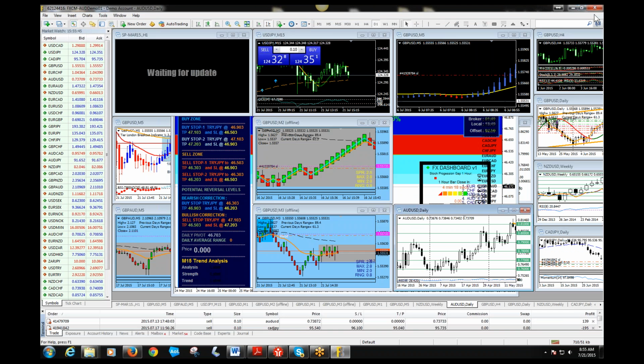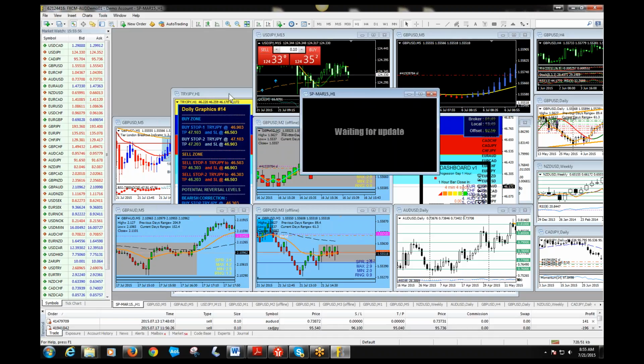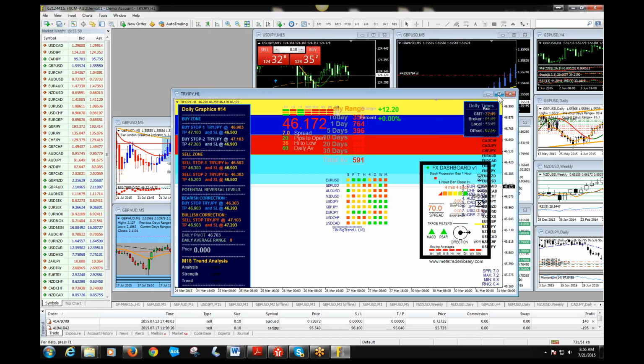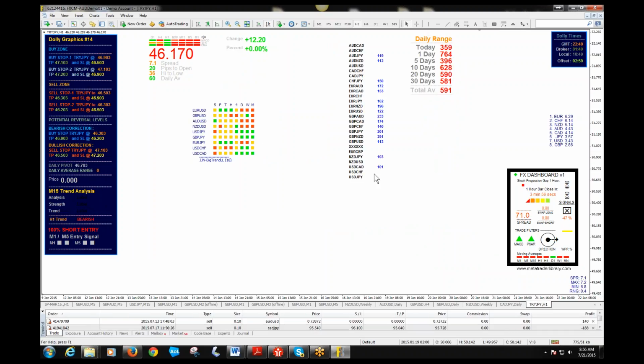Well, in the meantime, I'll show you the other anomaly. I was able to put my dashboard back up, which I'm happy about. Even that's all weirded up. Okay, let me just roll that like that. You guys remember this dashboard? Oh, the Dolly and the JJN, yeah. So what I want to do is trade the strongest pairs for the next set of things that we're going to do.